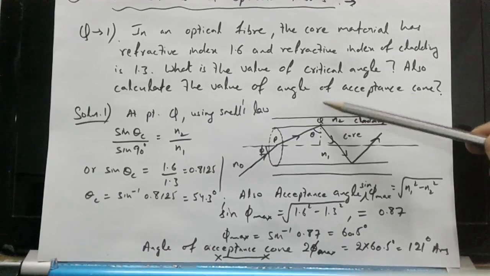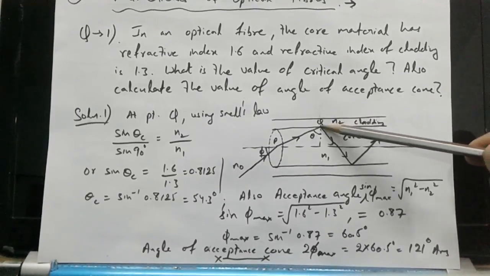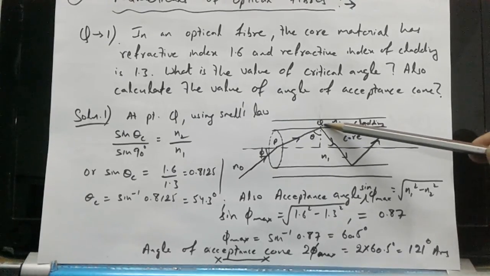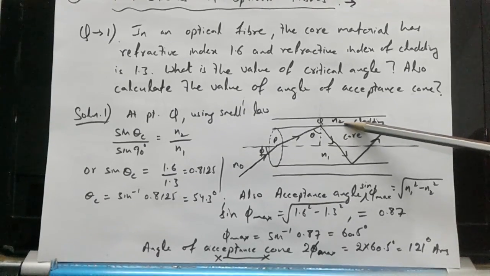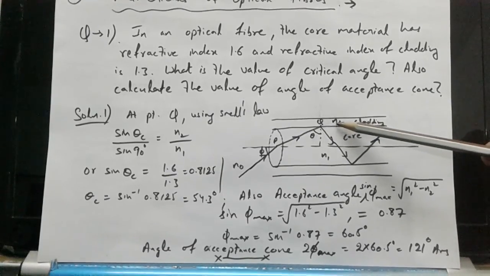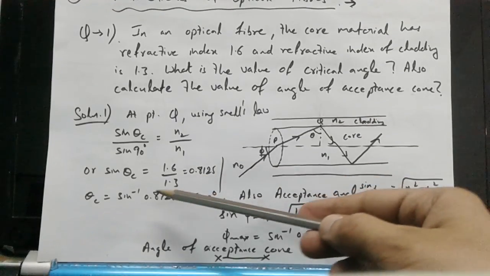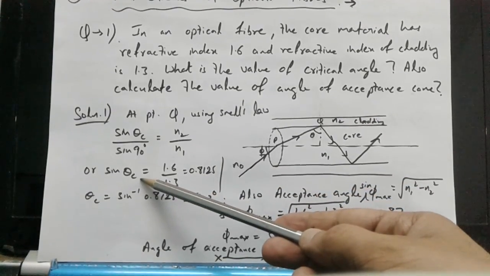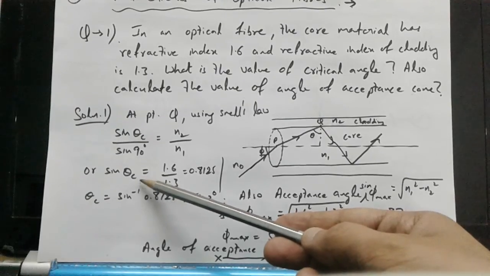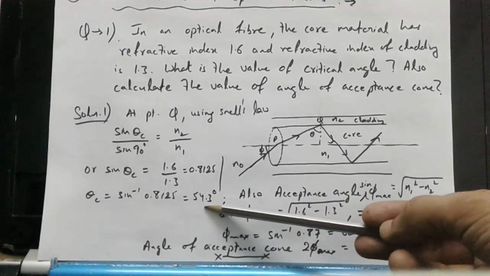So this is the normal, and this angle is 90 degree because now light will move parallel to the axis of the fiber. So when this angle is 90, we get a relation from here. You can find the value of sin theta c and also the critical angle using trigonometric laws.